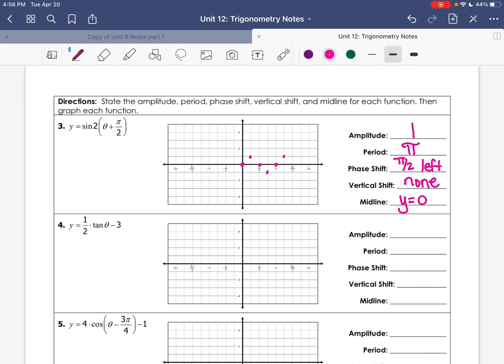But then we've got to move it all back pi over 2. Well, pi over 2 is 2 blocks. So that means that we're going to start. It's going to almost look like it's running backwards because this one, let me use a different color, is actually going to go on 0 now.